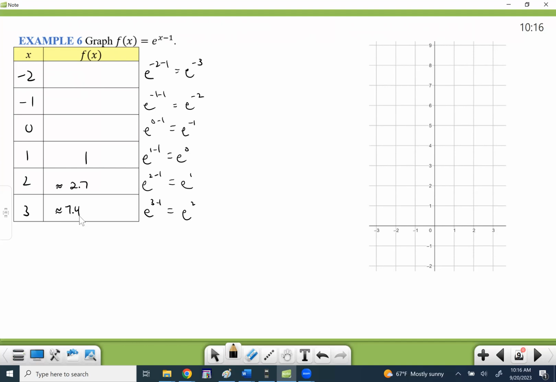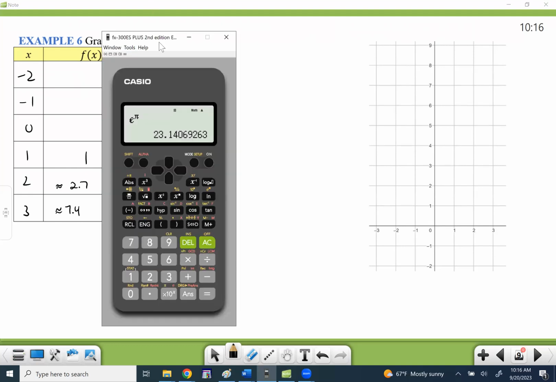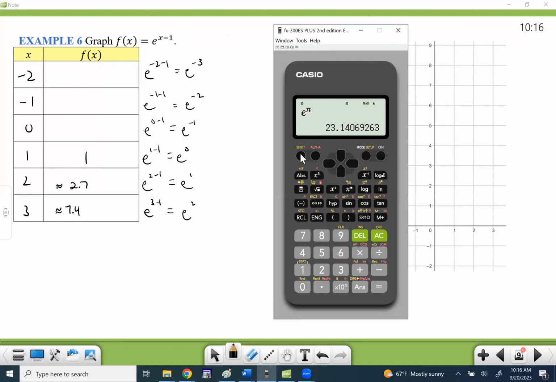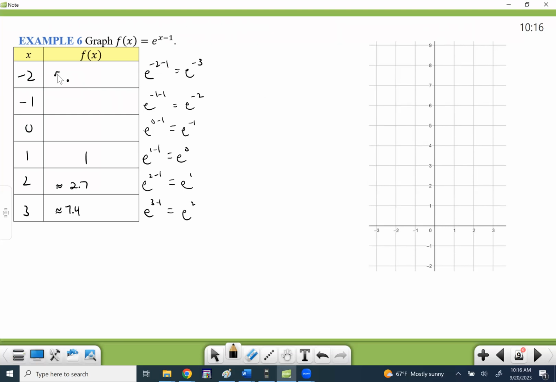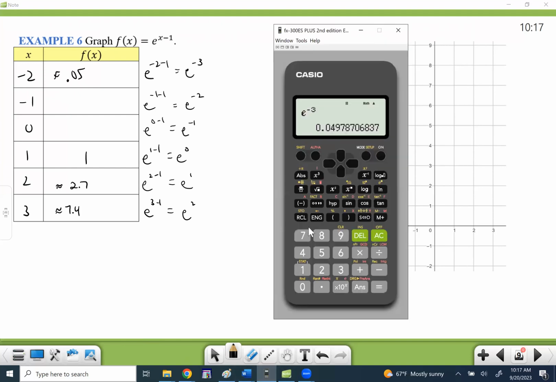All right, now let's go to our calculator to get some of these other values. All right. So e to the -3. All right, so that's 0.05 is what I'm going to say. Boy, that's so small. I'm not even going to be able to graph that guy. All right, let's plug in. That's an approximately sign, you guys. I feel compelled to put that so people don't think it's equals.